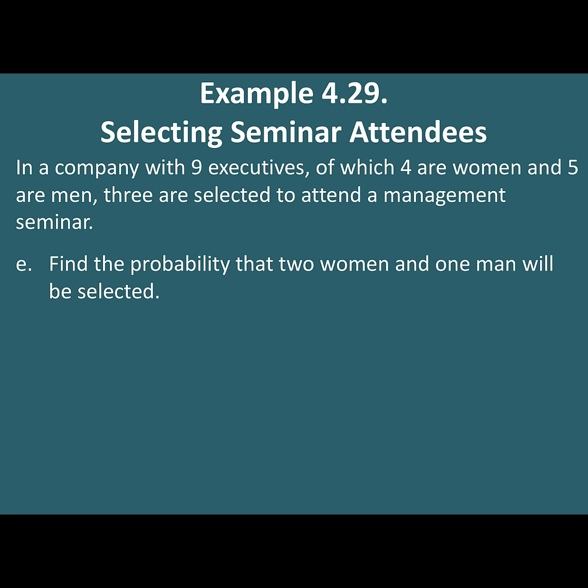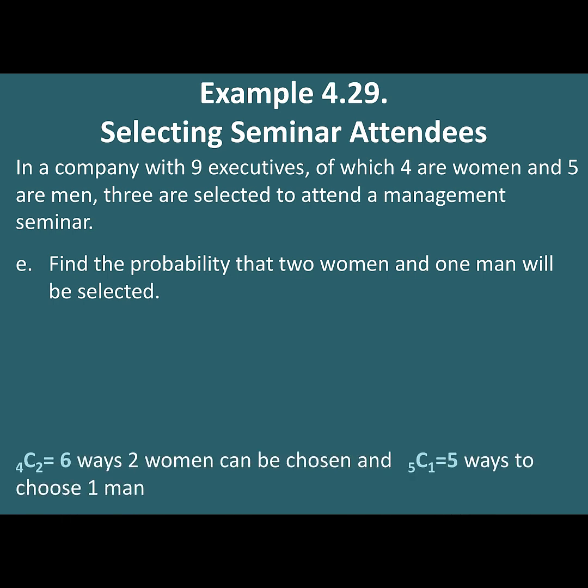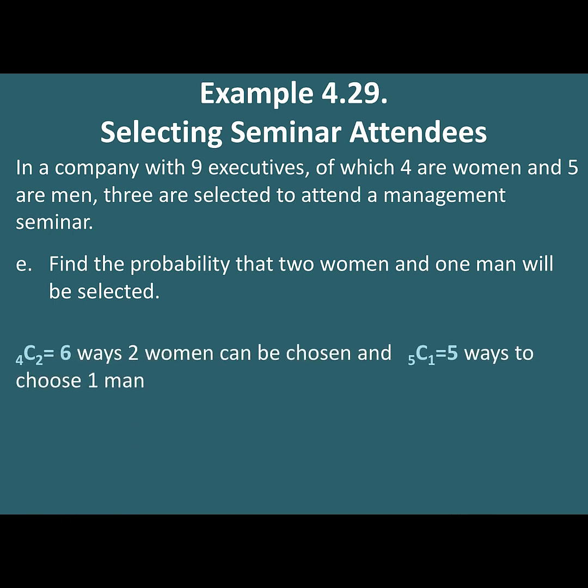Let's do another one. Let's now find the probability that 2 women and 1 man will be selected. First again, we must find the number of ways that out of 4 women, 2 will be chosen. Here that will be 6. And again, plug those numbers into the formula and confirm.